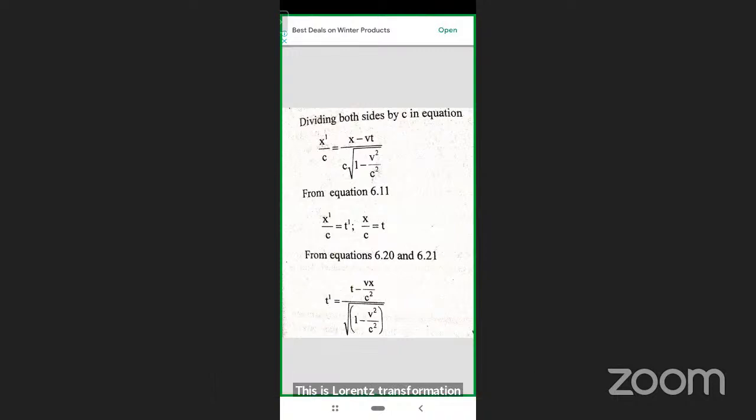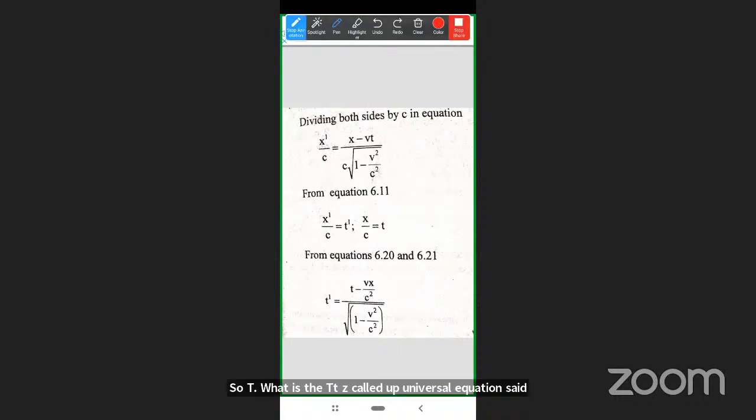Inverse, similarly, this equation we can find out directly. The inverse equations: x is equal to x dash plus vt dash by under root of 1 minus v square by c square. Y is equal to y dash, z is equal to z dash.